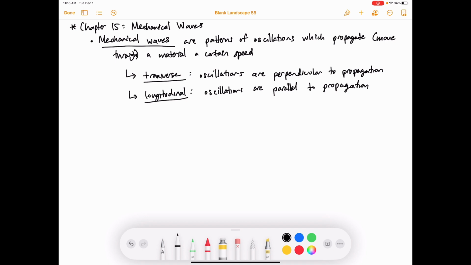So one thing that I showed you in this chapter is that any type of wave, regardless of its shape, can be built up from a combination of sine waves. So the sine wave, in other words, is like the fundamental building block of all types of waves, which is why we spend so much time focusing on it. So let's take a look at a one-dimensional sine wave with no energy dissipation.